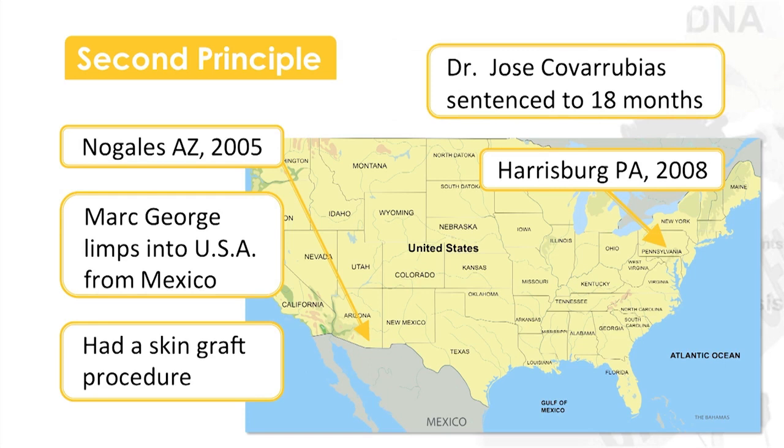It's a relatively short sentence, and that is because it could only be proved that Dr. Covarrubias had carried out this medical skin graft procedure, and there was no evidence that Dr. Covarrubias had been involved in any of Mark George's other activities. But this is going to be an increasing problem, as the authorities rely on fingerprints to identify people. Criminals will look for ways to get around that technology.